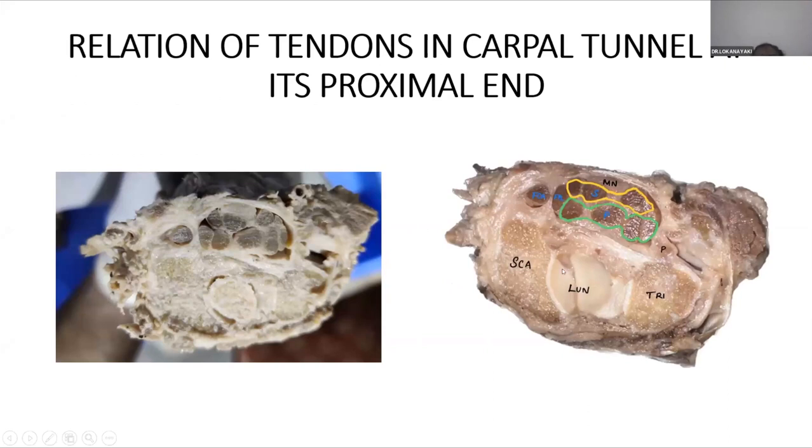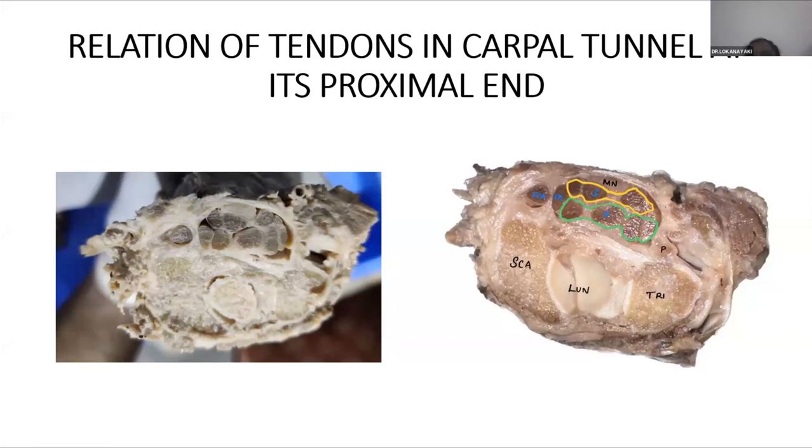Here you are able to see the lateral side occupied by the scaphoid, and the proximal row of carpal bones: scaphoid, lunate, triquetral, and pisiform. This is a transverse section of the right wrist joint, at the proximal end.